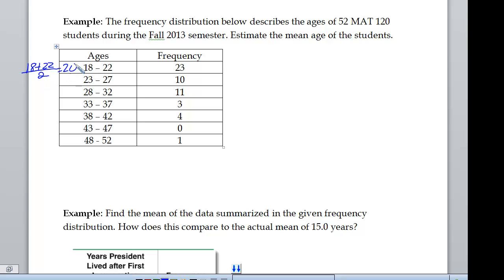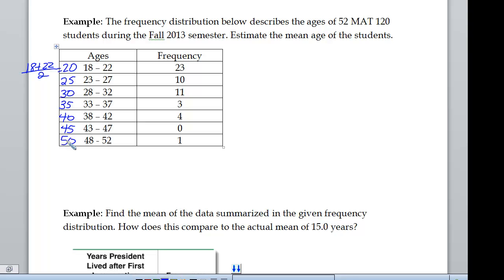Like I said, once I've done that the first time, I'm not going to continue to do that all the way down, because I can just keep adding the class width to get the successive class midpoint. So this one is 20. If I add 5, we get what? 25, add 5 again, 30, 35, 40, 45, and 50. Same thing we'd get if we added the lower class limit and the upper class limit and divided by 2.